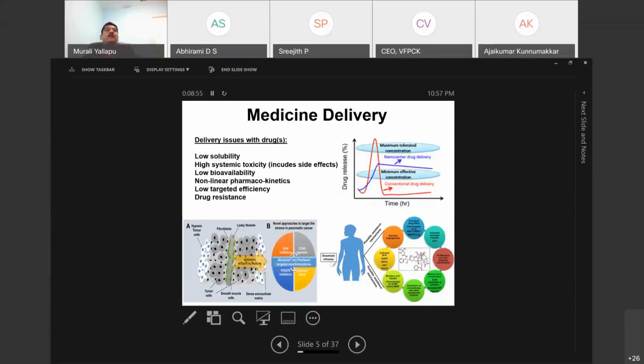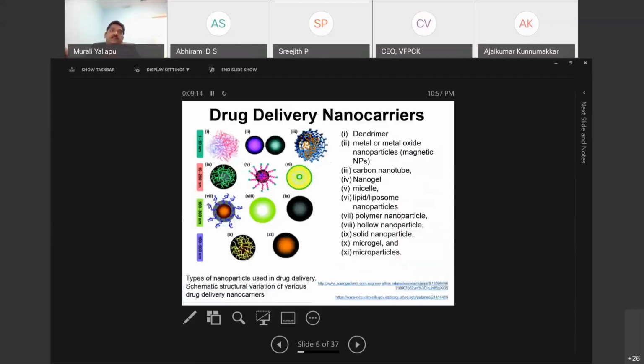Later on, some type of polymers. And nowadays, people have been implementing various types of natural as well as synthetic polymers or other nanotechnology based agents. They can improve the therapeutic efficacy and delivery.